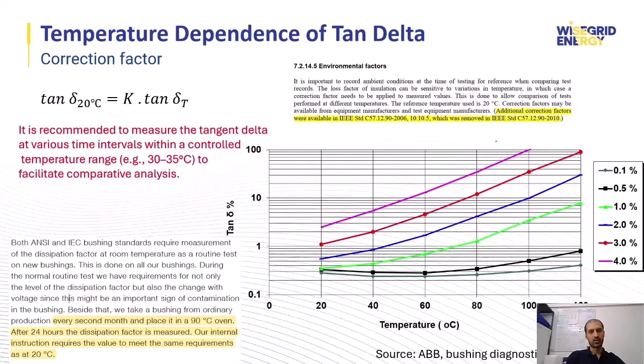But maybe for our old substations and old equipment, we don't have such a correction factor. So the best way is to measure tan delta at different time intervals at a controlled temperature range.